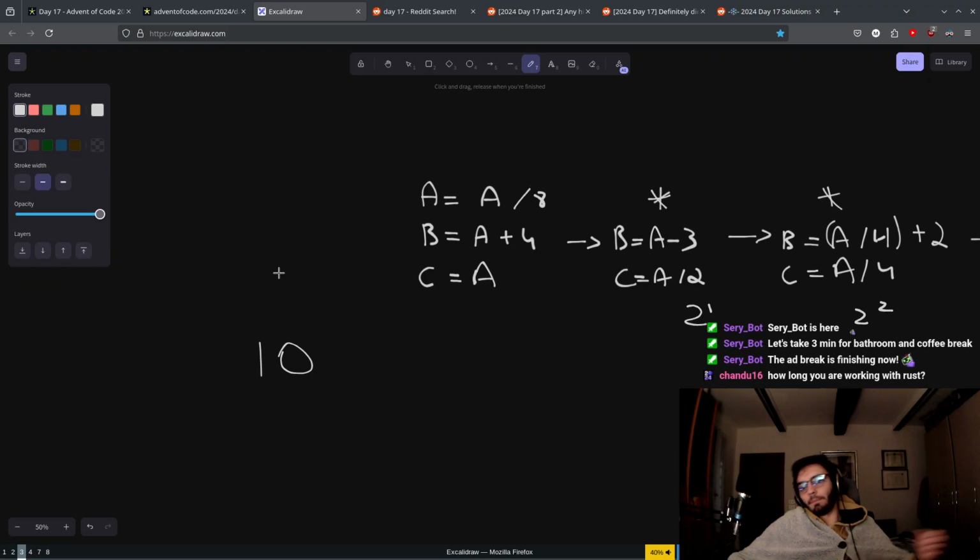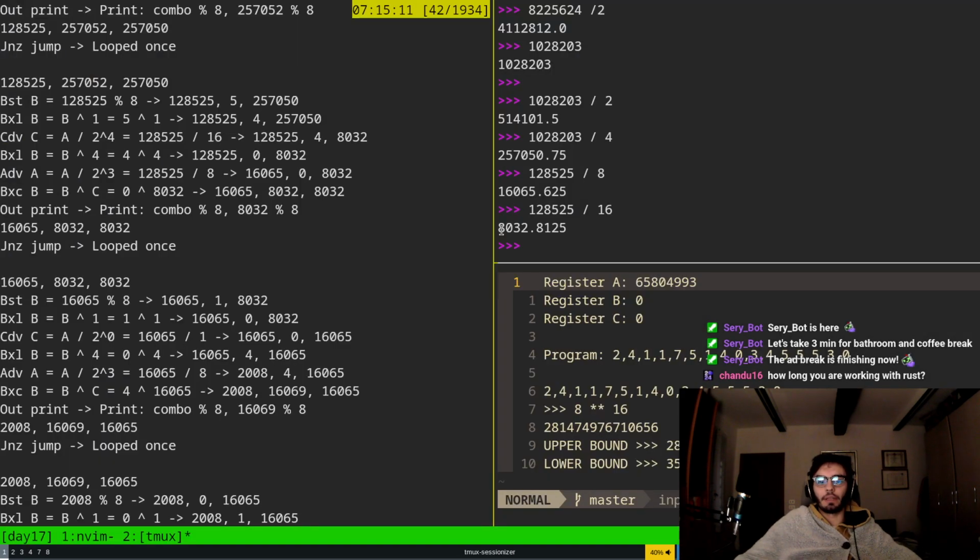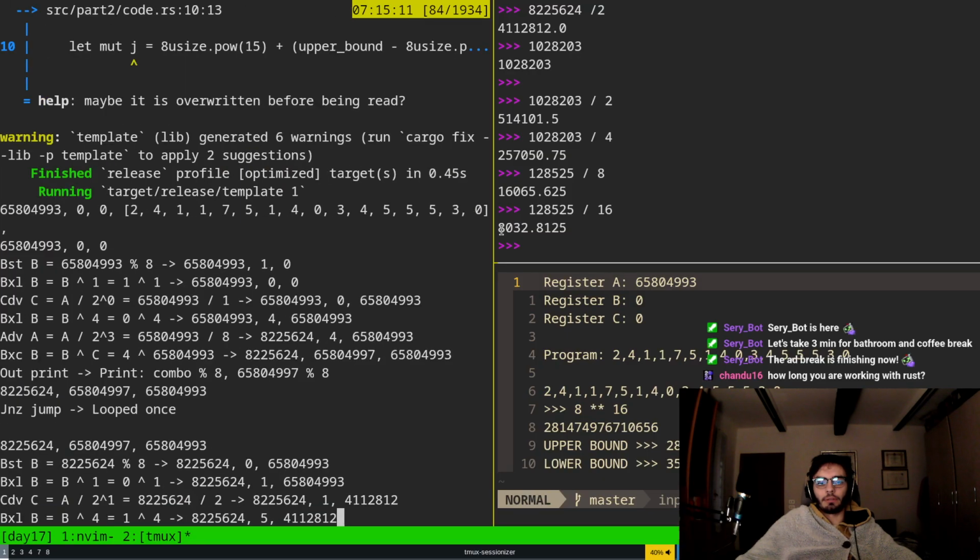And I have my B, which is A plus 4, okay? It's gonna be either 100 or 101, right? Meanwhile, my C, okay, A is already divided or it's being divided by the end. It's a big deal.